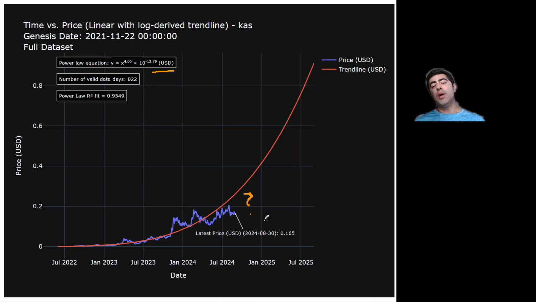And that's why the power law gets so exciting, not only for Kaspa, but more importantly and more prevalently for Bitcoin, because there are very few securities that follow this sort of trend, that have such a high R squared fit. And to my knowledge, only Bitcoin and Kaspa show this sort of behavior, that the R squared is such a high number.